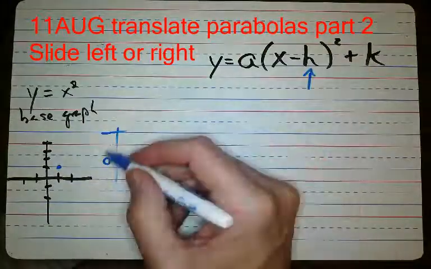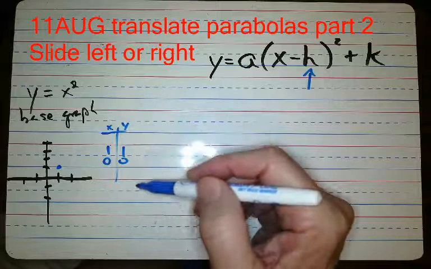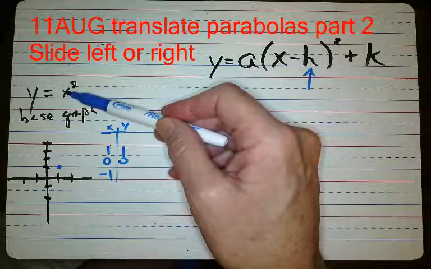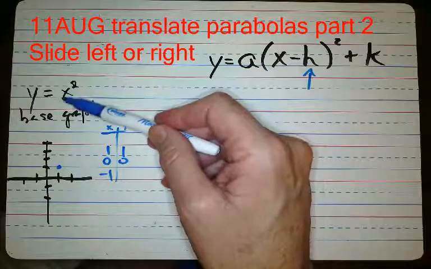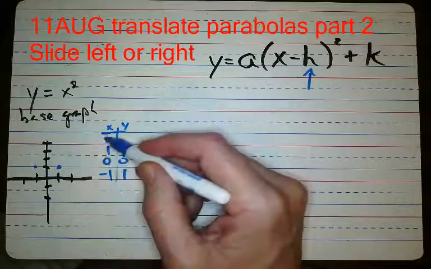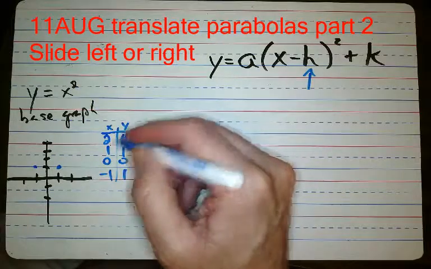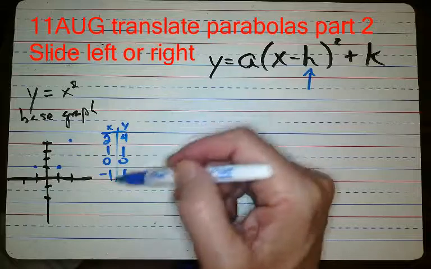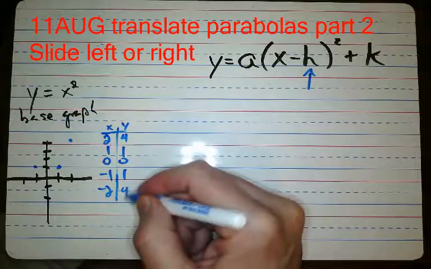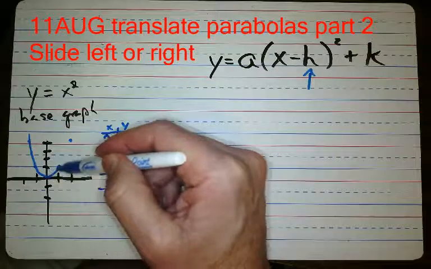If I pick 1, 1 squared is 1. And if I pick negative 1, negative times negative is positive 1. When I put 2 in there, 2 squared is 4, so that would be way up here. Negative 2 squared, negative times negative is positive 4. So the normal graph looks like that.